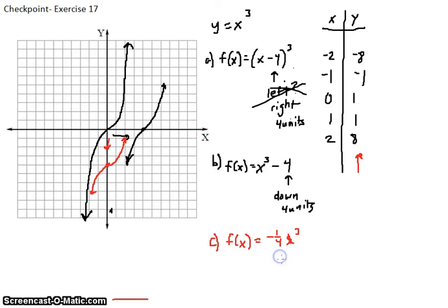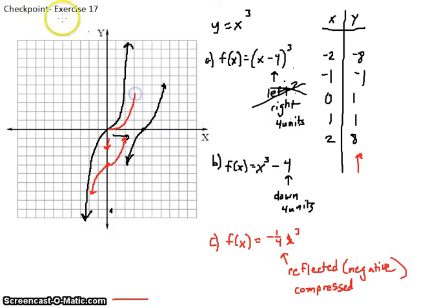So what that means is that this is going to be reflected because of the negative. And it's going to be compressed, or kind of shrunk, by that factor. So it's going to be going at a much smaller rate than it would before. So we're going to see here that it's going to go a lot slower up.